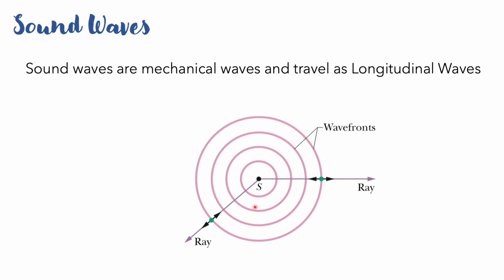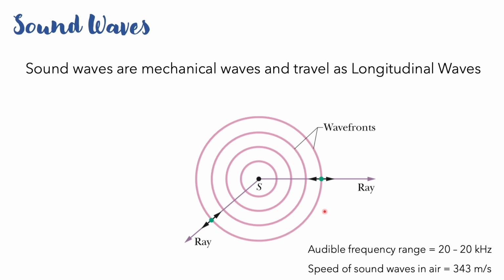The frequency is how many waves pass through a certain point in 1 second. Sound waves have a wide range of frequencies, but the audible range is 20 hertz to 20 kilohertz.